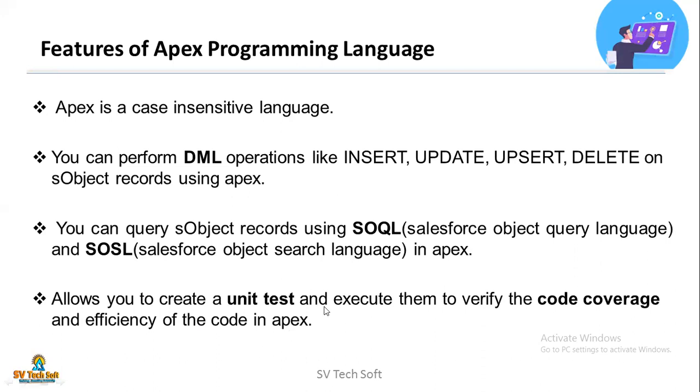We'll see this later. This may cause some confusion, but no need to worry. When we learn the deployment part, at that time you will get a brief idea of what code coverage is and how it works in Salesforce.